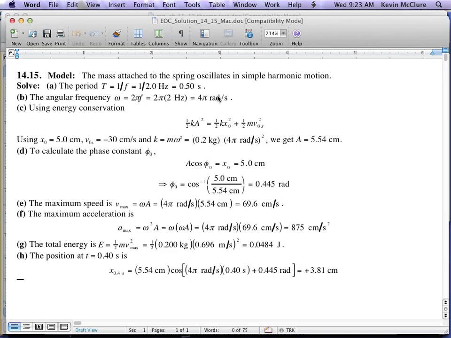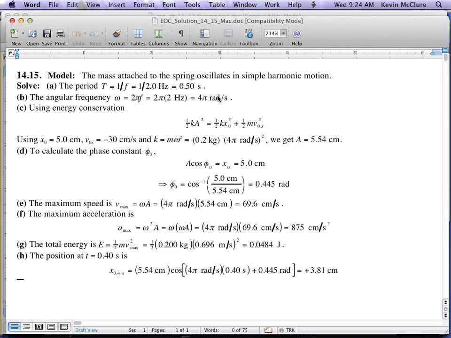All right. Then to calculate the phase constant, we're looking to see if this thing started at some theta, instead of starting at 0. How do we do that? Well, we just have to remember our basic statement for the position of an oscillating mass was x equals A cosine omega t plus phi.